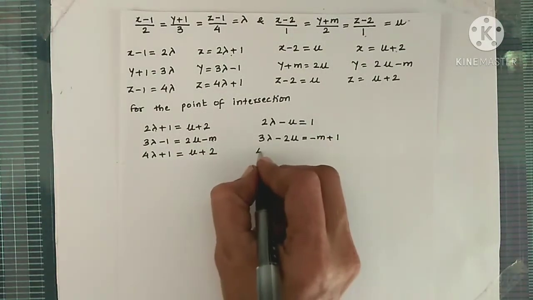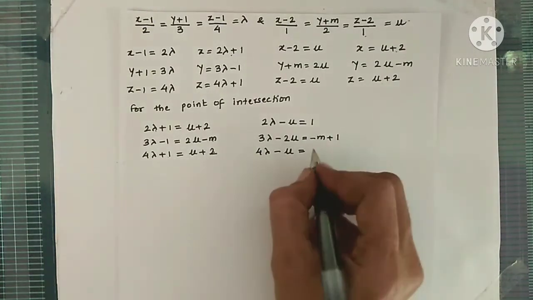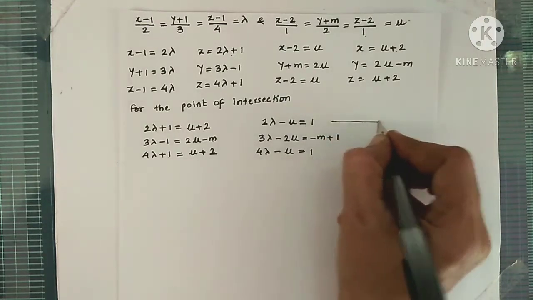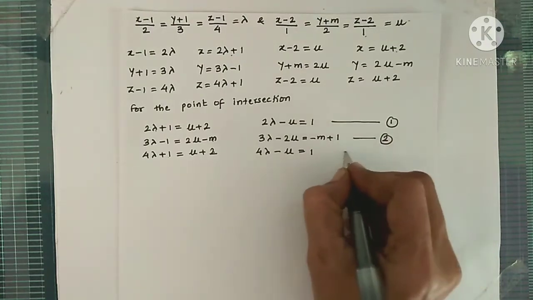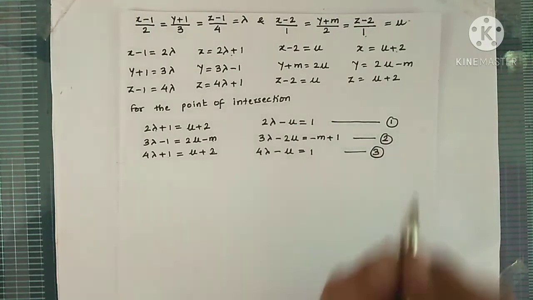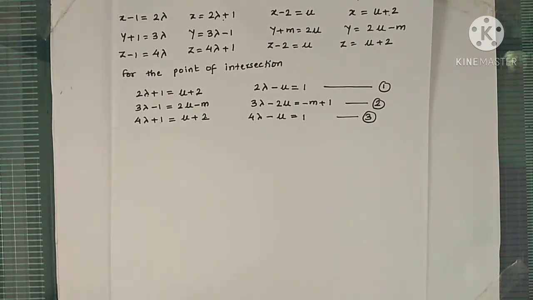And the third equation is 4 lambda minus mu equal to 2 minus 1, that is 1. So let this be equation number 1, this is equation number 2, and this is equation number 3. Now equations 1 and 3 contain only lambda and mu. So we can solve these two equations simultaneously and find the values of lambda and mu. And substituting those values in the second equation, we can find m, which is our question.